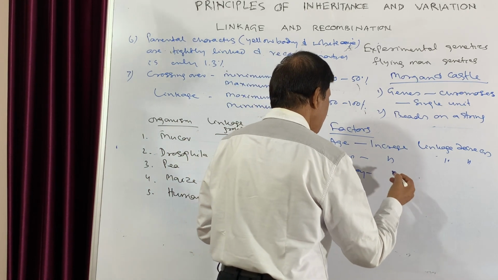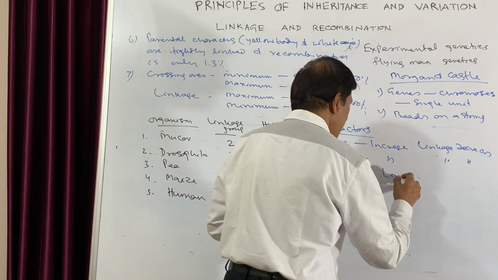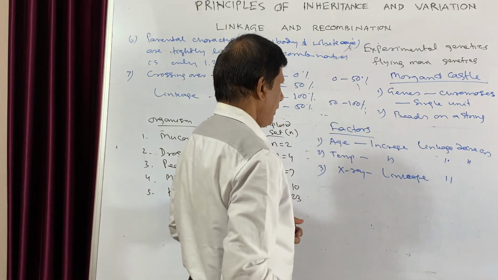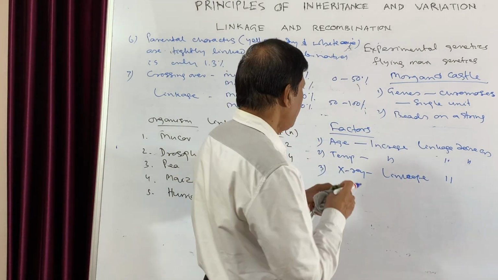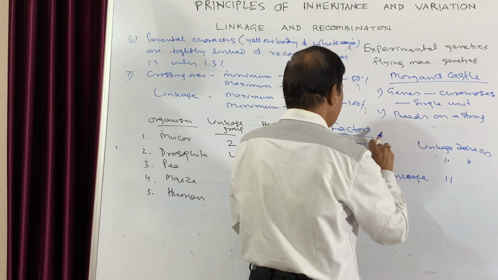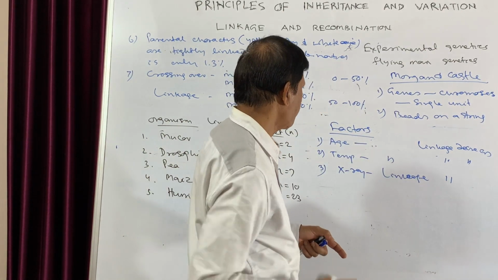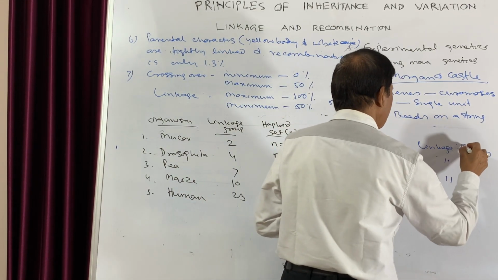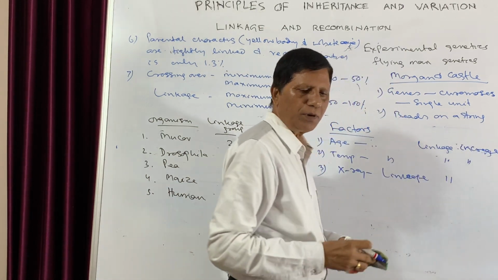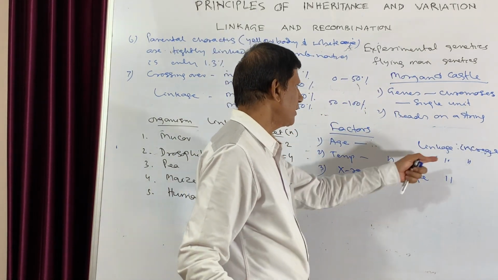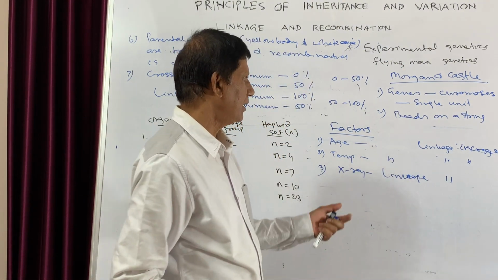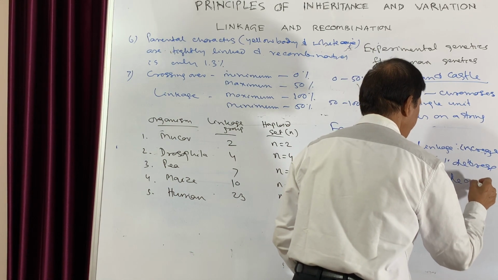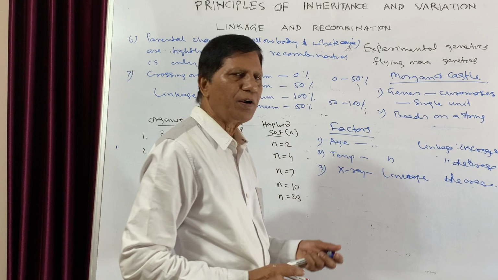In this case also the linkage decreases. In case of sex, there is a difference in the linkage, and the linkage increases. That means the crossing over is more. But in the other 2 cases, there is a decrease. So this is about the different factors.